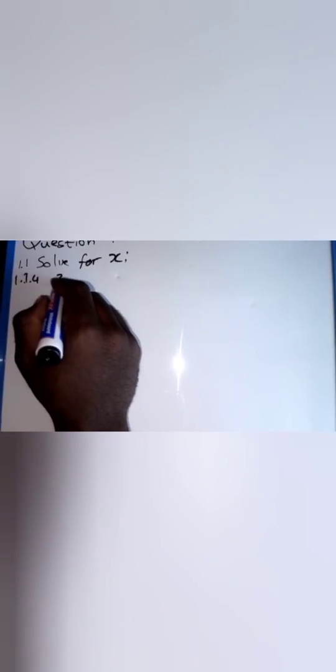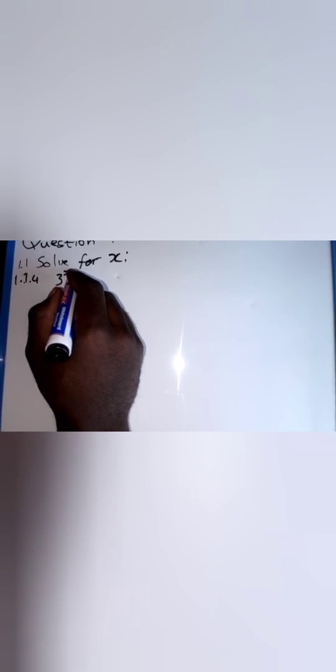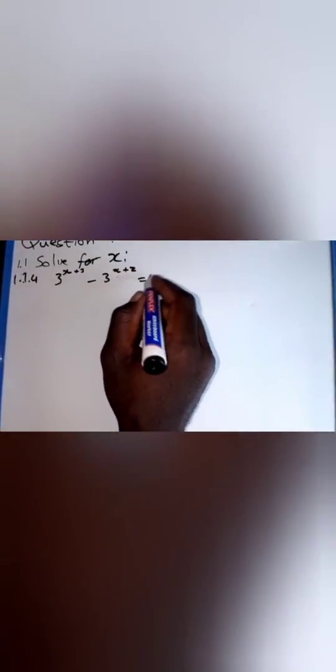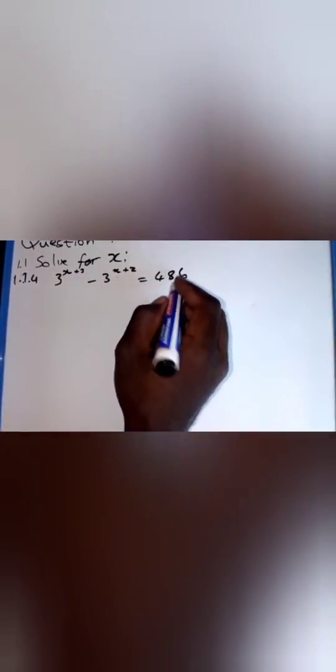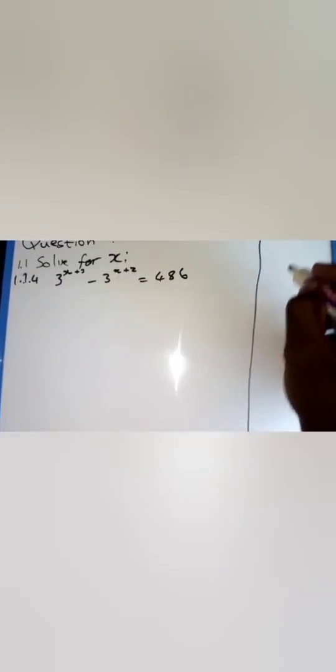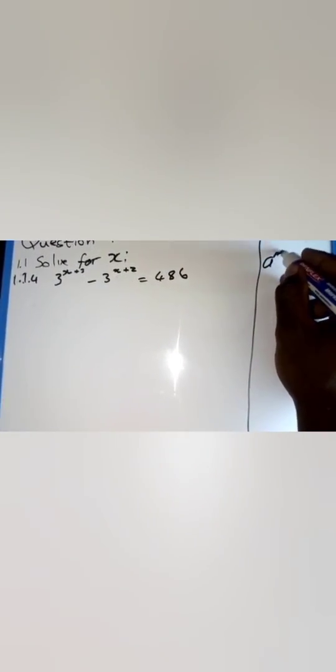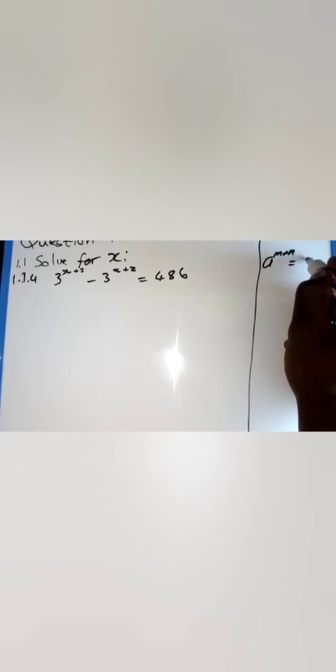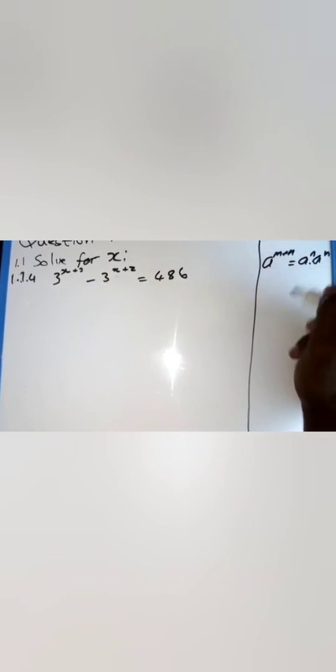Alright, cool. So 1.1.4, you've got 3^(x+3) minus 3^(x+2) is equal to 486. Alright, cool. Exponential laws. We know that a^(m+n) is equal to a^n times a^m, right?